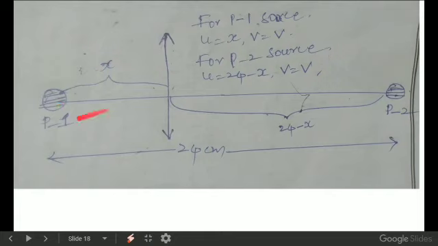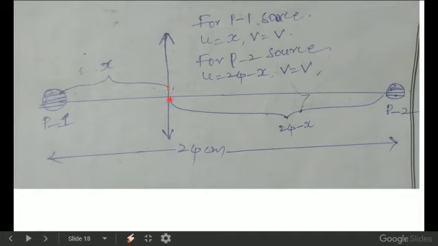So let's consider that the lens should be placed at x distance from point source 1. When the lens is placed at x distance from point source 1, this point source 1 acts as the object. So the object distance is x, which we should take as negative here. For point source 1, the object distance is x and the image will be formed at v distance.